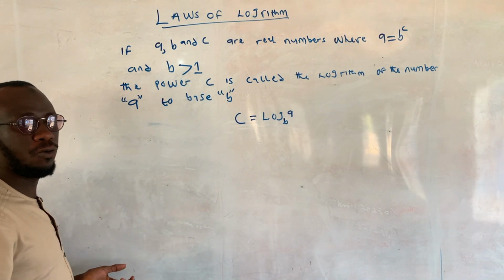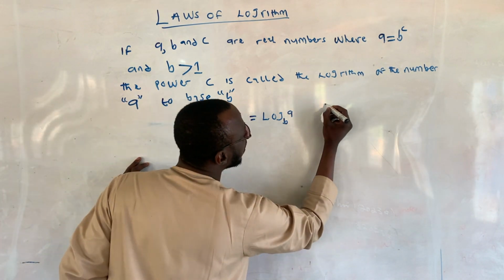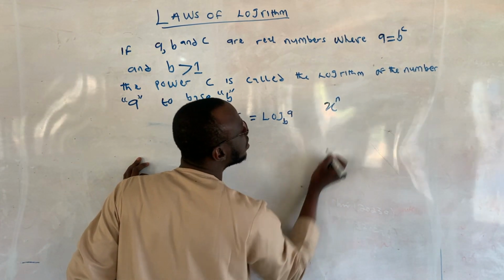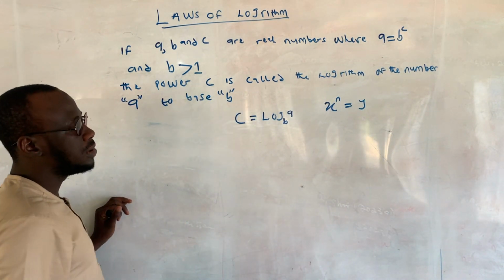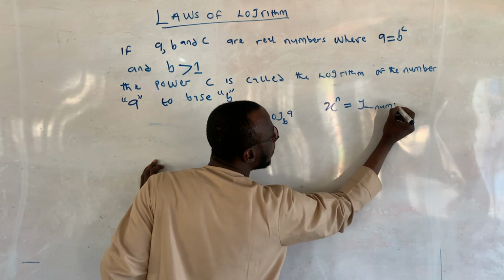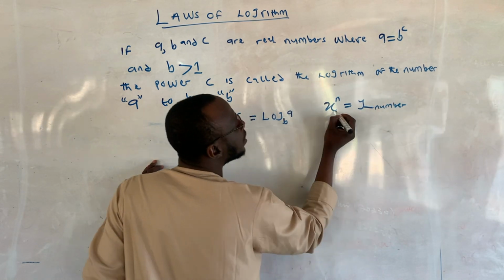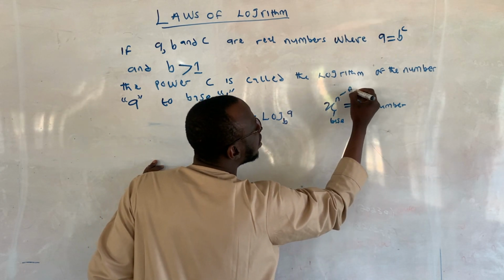So now, let's assume we have another example. We have x to the power of n equals y. This means that our y here is our number, x is our base, n is our power.